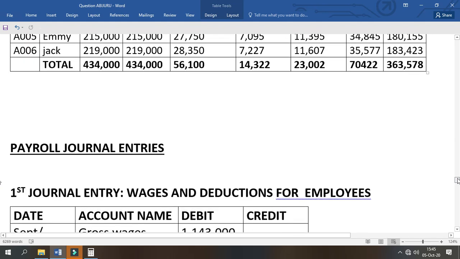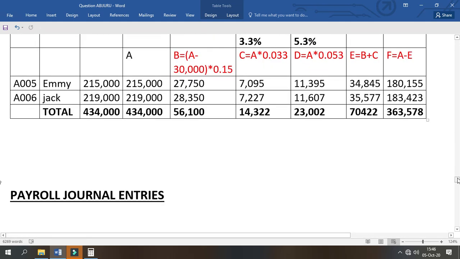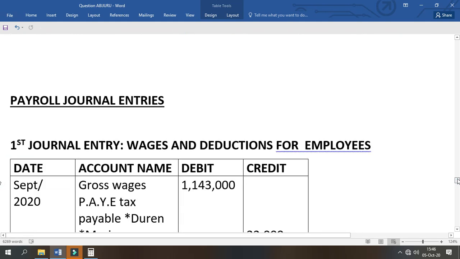So dear friends, dear followers, let me jump to the payroll journal entries. In order to record the payroll journal entries, we have to make 4 journal entries. The first relates to the wages and deductions for employees, both permanent and casual or temporary.